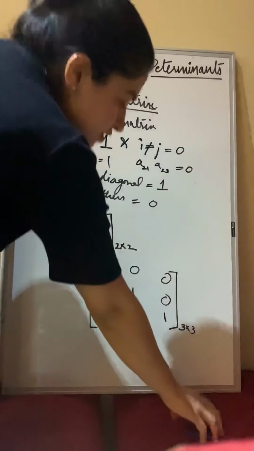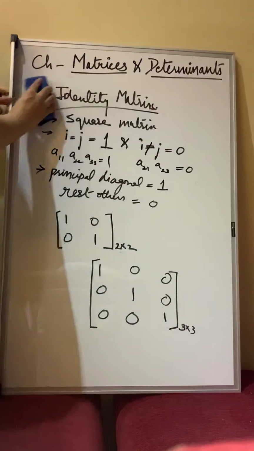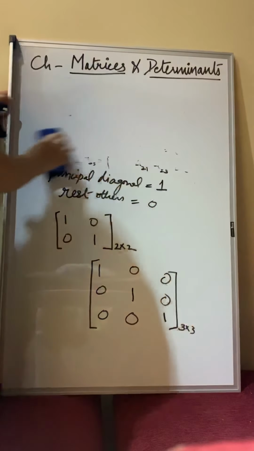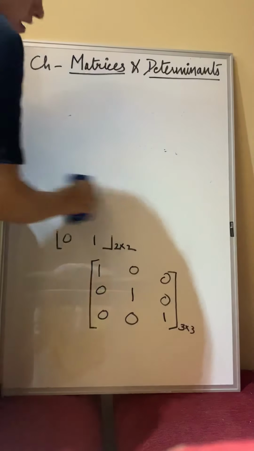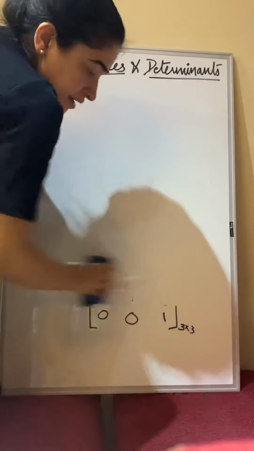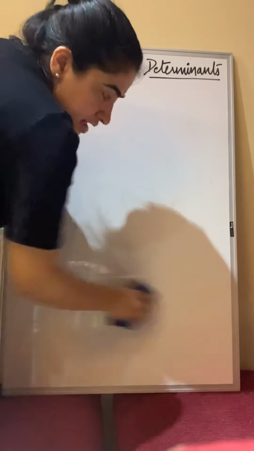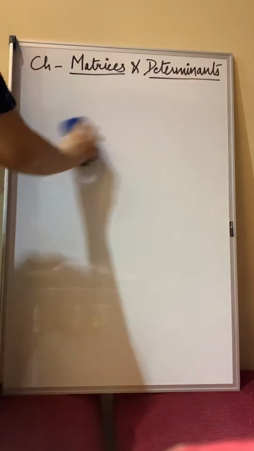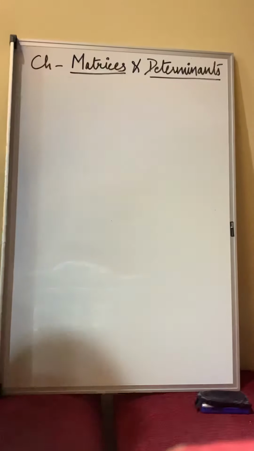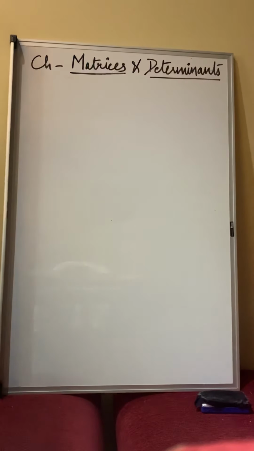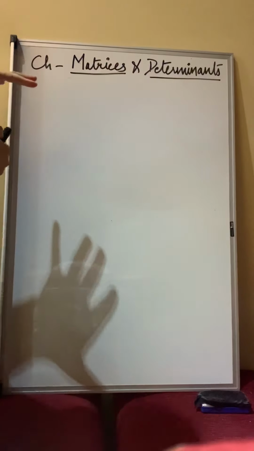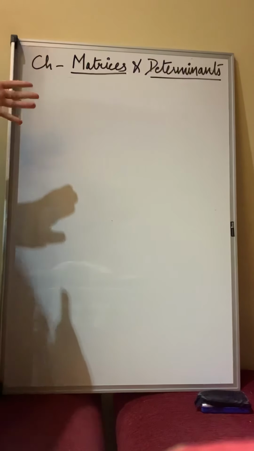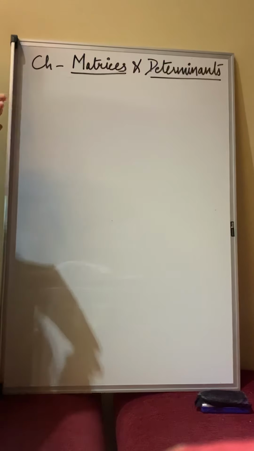Coming to the next topic, determinants, which is a very important topic, and it will be used in solving our questions also. So let us start with determinants. With a matrix, how do we calculate the value of a determinant?